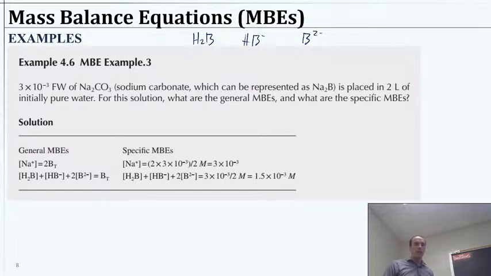Now, I think they have a typo here. They are doing something here that we don't need to do yet, which is accounting for the charge. This is something that we will get into with the electroneutrality equations, but we don't need to do yet. Right now, the general mass balance is the concentration of this plus the concentration of this plus the concentration of that.